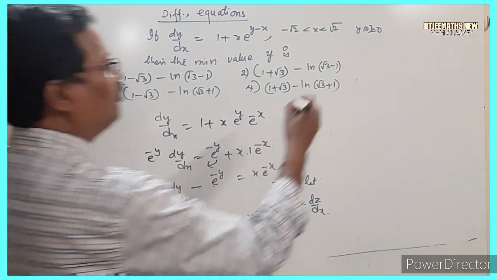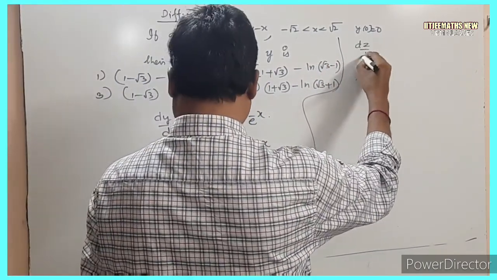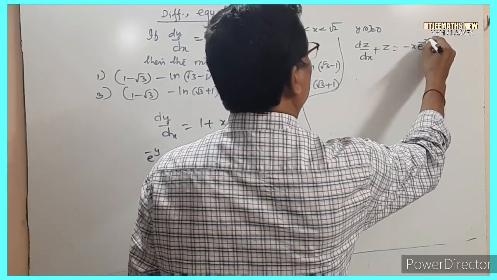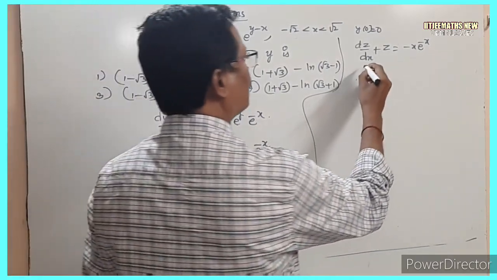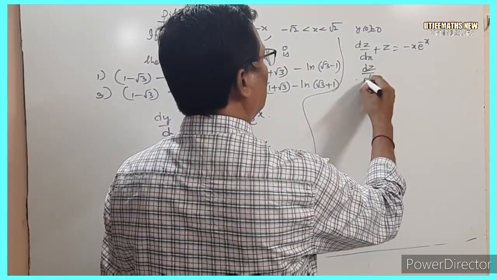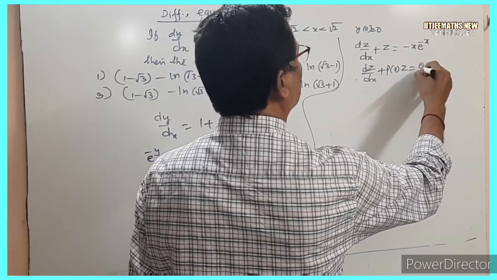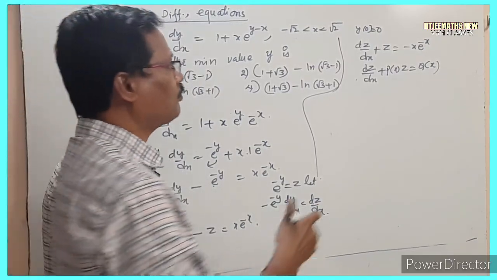Multiply with minus on both sides, then that will be dz by dx plus z is equal to minus x into e power minus x. Now this is the linear differential equation of the form dz by dx plus P of x into z is equal to Q of x.